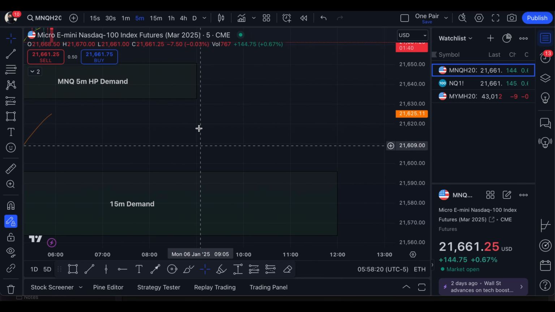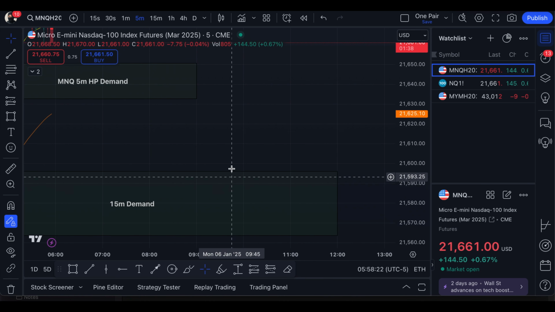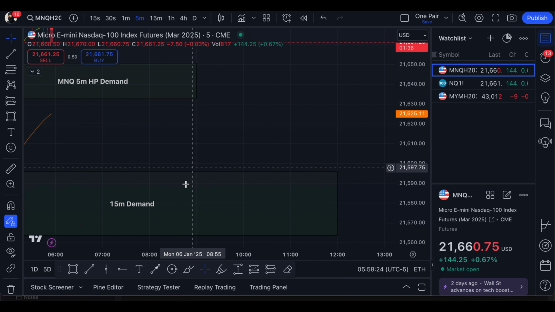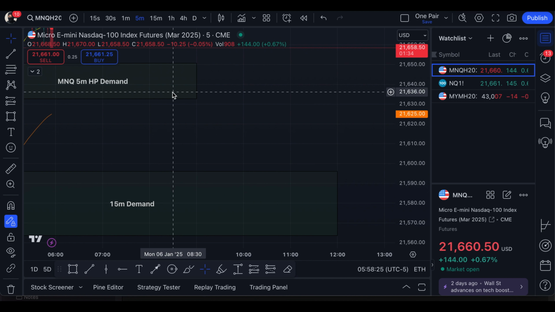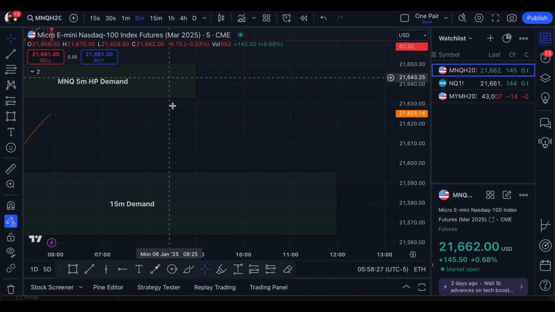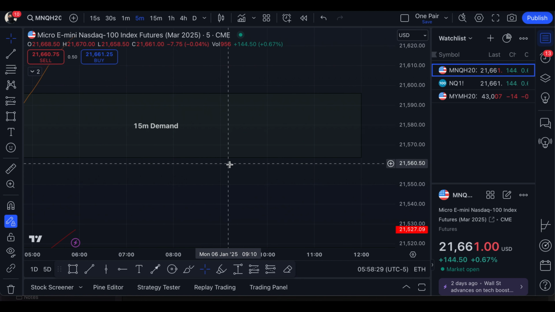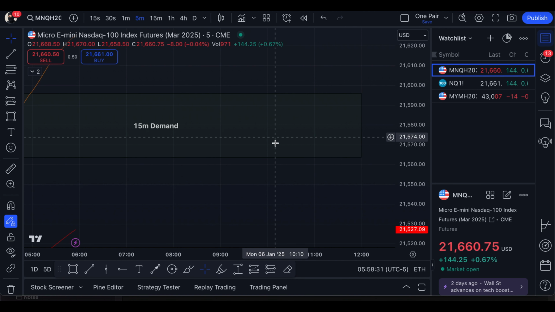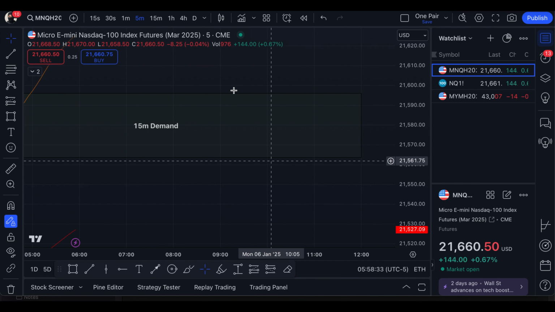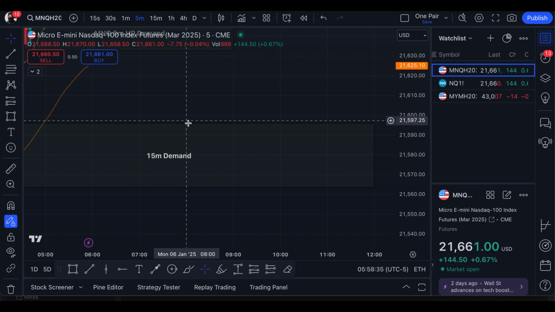If there is a setup that forms near this 15-minute demand, I'm not going to sell against it. I'm going to wait for the market to either break this zone and then I'll take sales or a supply setup, but I don't trade against higher time frame setups.